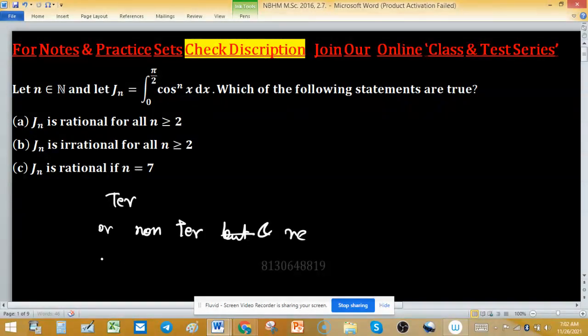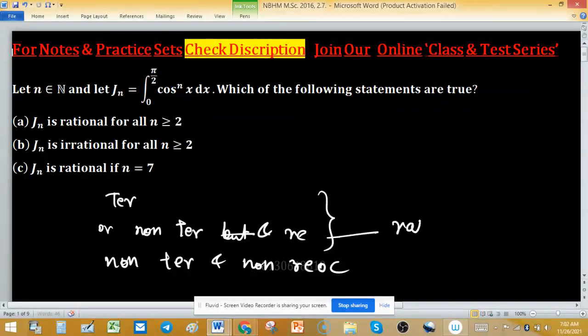And irrational numbers are those whose decimal expansion is non-terminating and non-recurring. This is the definition of rational, and the last one is the definition of irrational number.